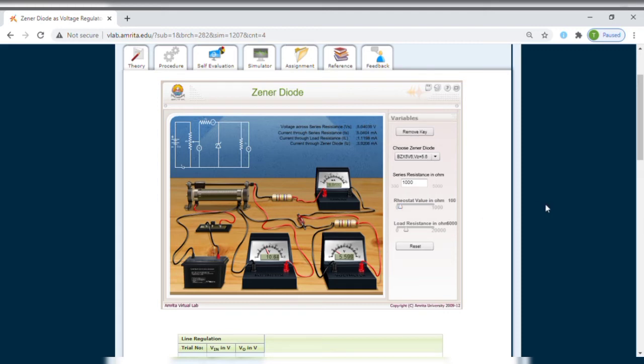Okay, and as you can see here, the voltage in is 10.64 volt, and the voltage on the first resistor is 5.599 volt, and the Zener voltage is the same value as the voltage on the first resistor here.